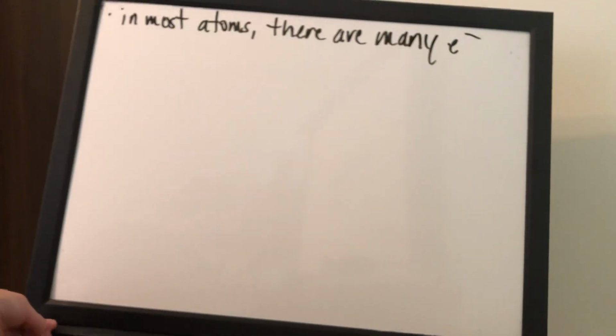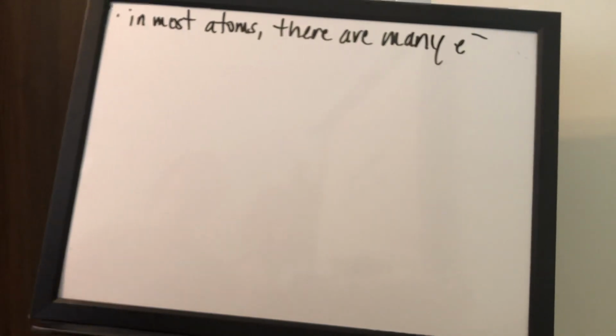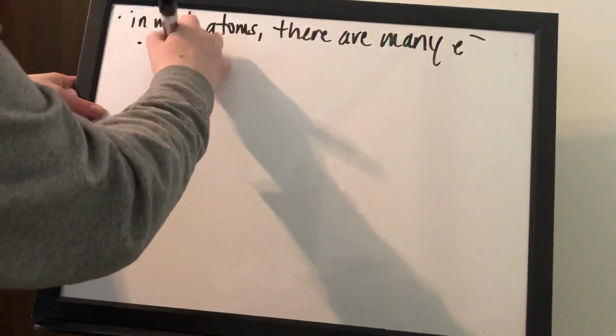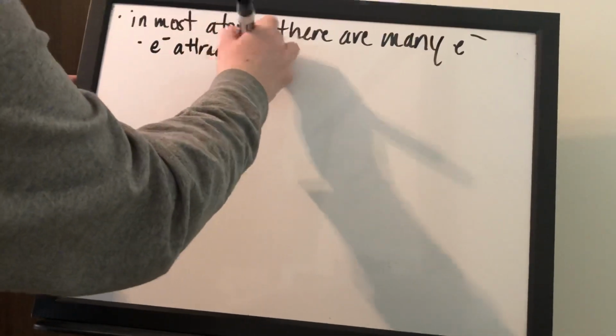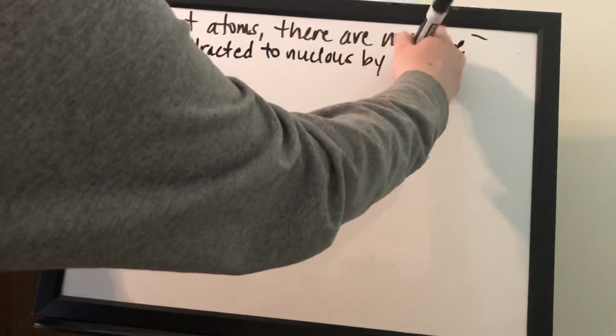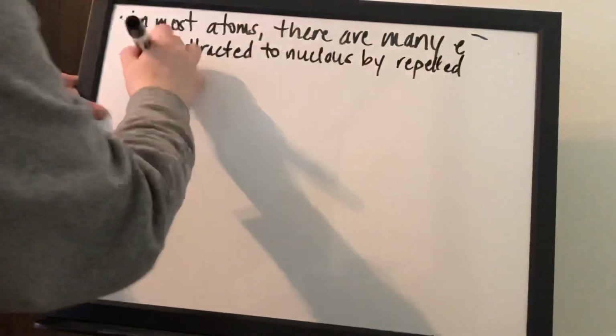We're talking about many-electron atoms where we not only have attractive forces happening between the electrons and the protons in the nucleus, but we also have repulsion forces happening between all of the electrons. Okay, so we're going to summarize that. Electrons attracted to nucleus, but repelled by other electrons.